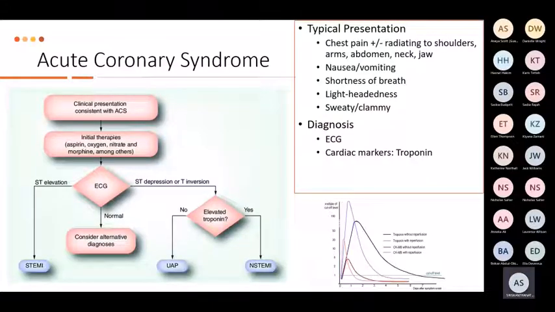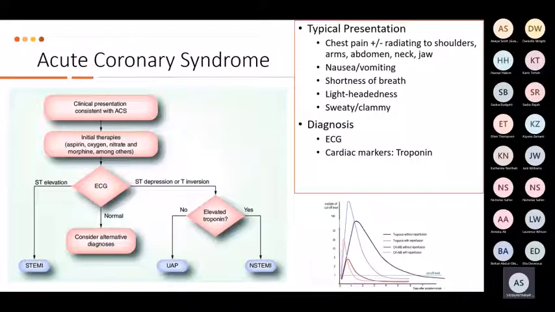Okay, so typical clinical presentations of ACS, so acute coronary syndrome. This includes all your angina, unstable angina, and your NSTEMI and STEMI. So it's chest pain with or without pain radiating to the shoulders, to the jaw, the neck, abdomen, and arms. And you should also be careful about abnormal symptoms, so things like nausea and vomiting, and epigastric pain, so pain in your tummy.